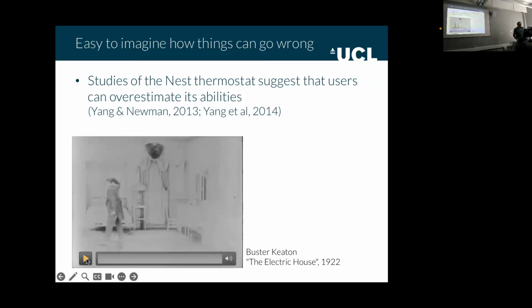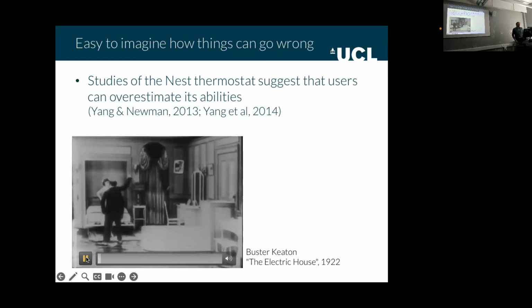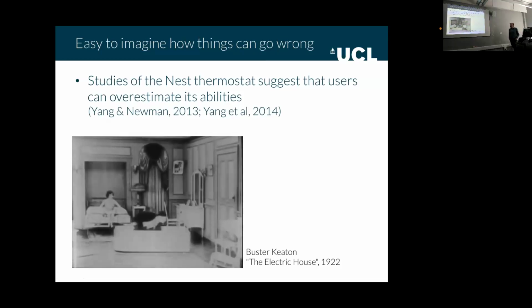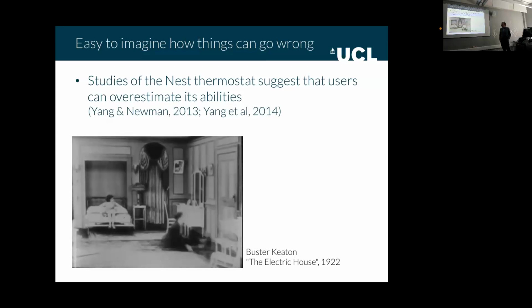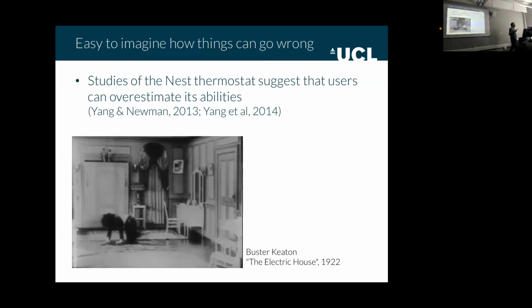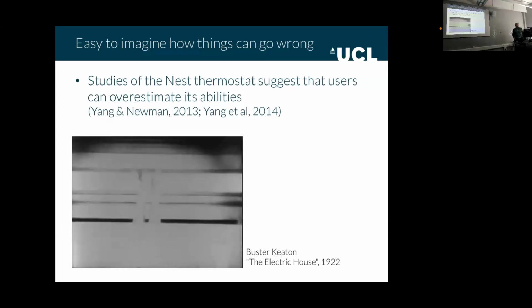I find it interesting and funny that, although I'm not sure when the first smart home was proposed, already in 1922, which is more than 100 years ago, Buster Keaton made a movie called The Electric House, which basically makes fun of a smart home. It's a home where things move out of their own will and things can go comically wrong.